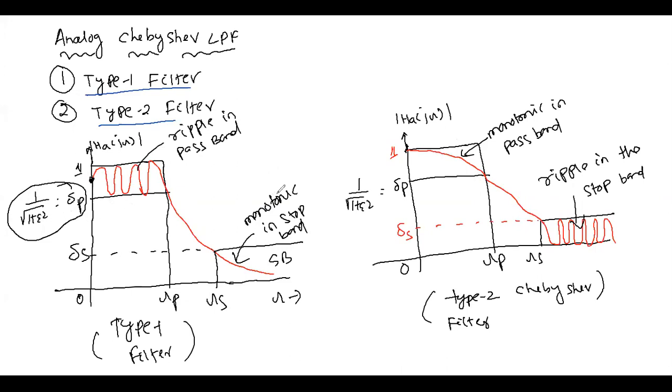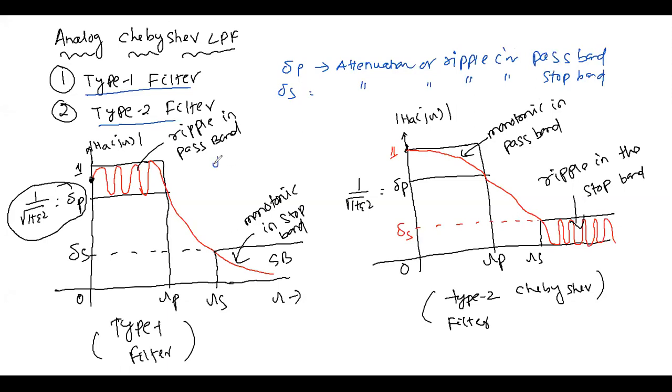After that we defined all the parameters. Del P is the attenuation, or you can say ripple, in the pass band. Del S is the attenuation or ripple in the stop band.